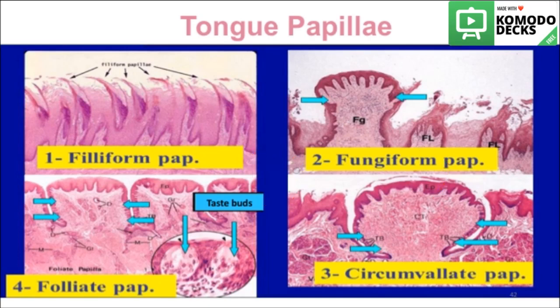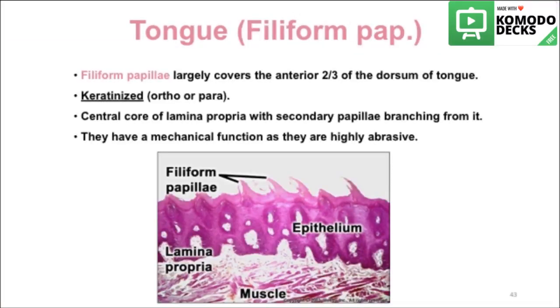And fourth are the foliate papillae, which means they are leaf-like. All of these papillae have taste buds except the filiform papillae, which are only for friction.